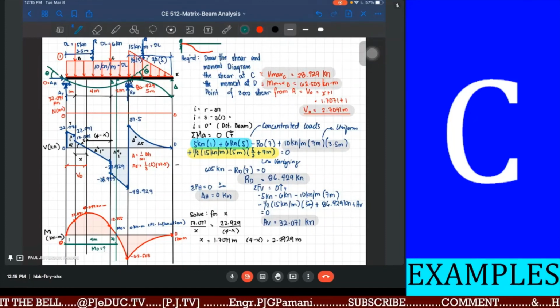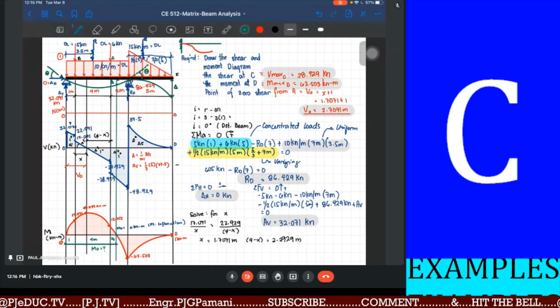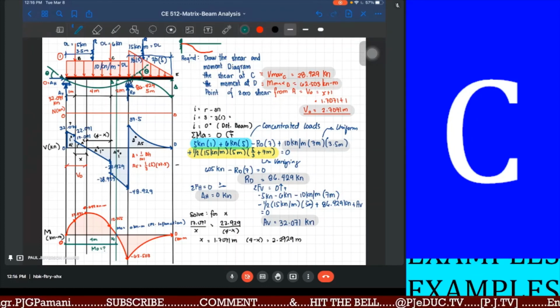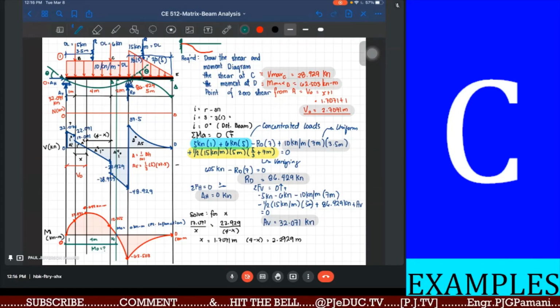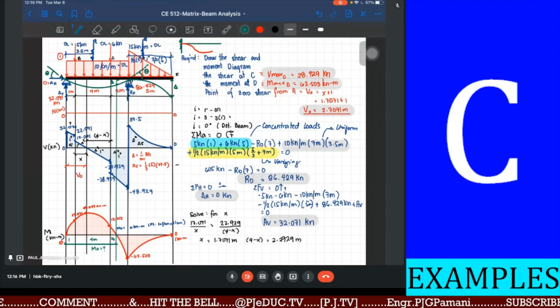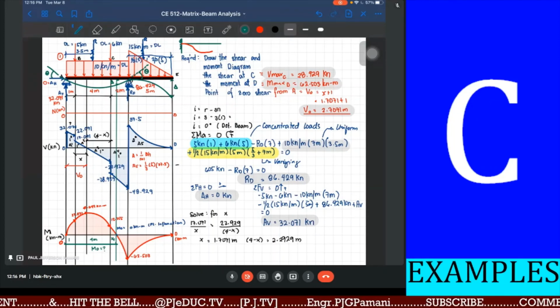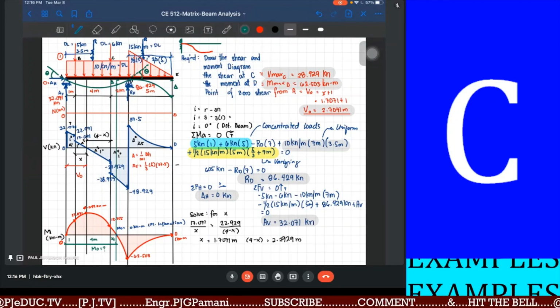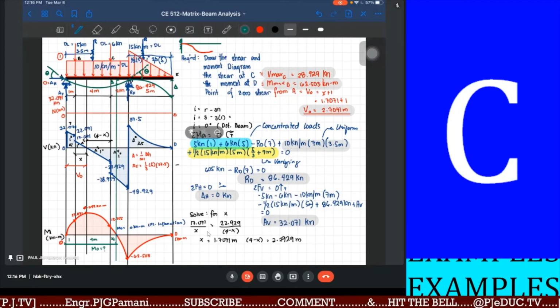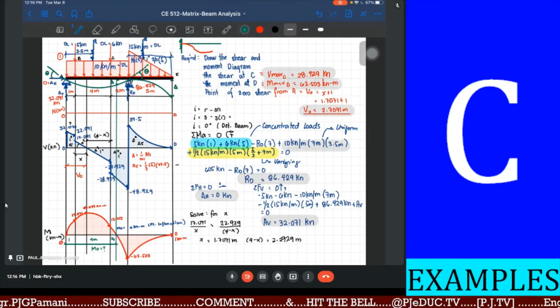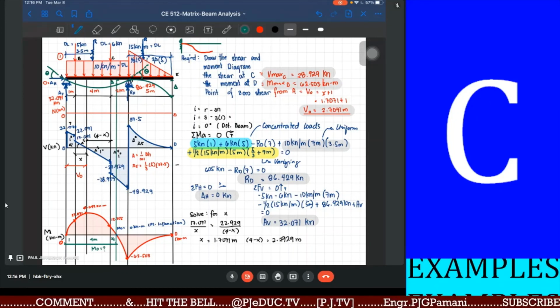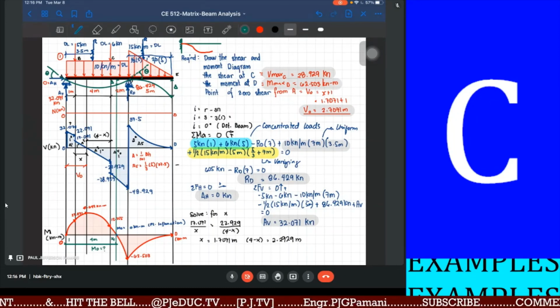So based on the shear and moment diagram, what if I'm going to ask you, what is now the maximum shear? What is now the maximum shear from the given example? Maximum shear. Ano yung maximum shear?